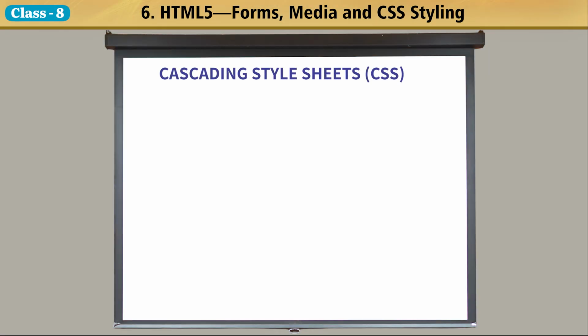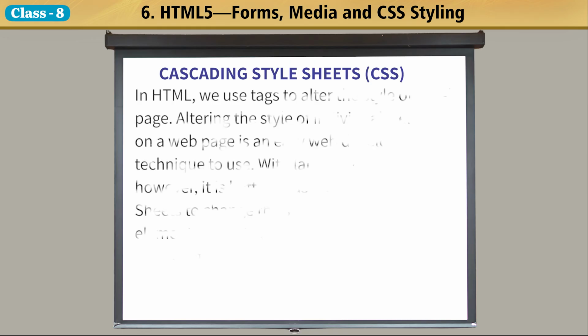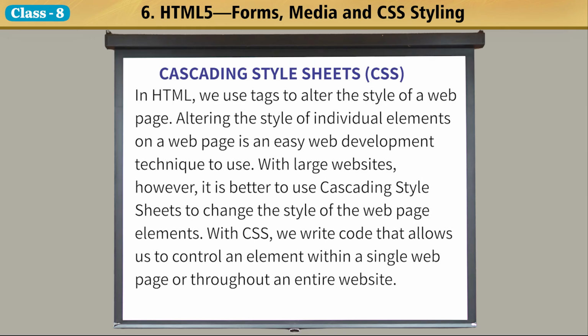Cascading style sheets, CSS. In HTML, we use tags to alter the style of a web page. Altering the style of individual elements on a web page is an easy web development technique to use. With large websites, however, it is better to use cascading style sheets to change the style of the web page elements.